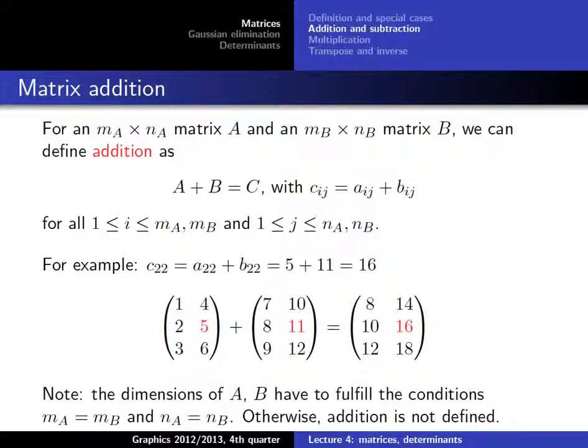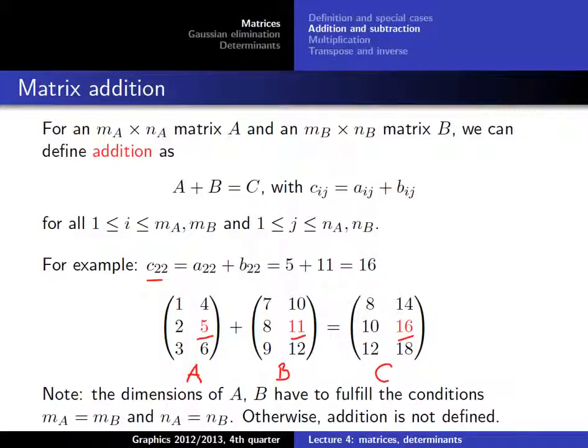Here we add the coefficients of the matrices. So, for example, for this value A22, we add the value B22, if this is matrix A and this is matrix B. And then, of course, 11 plus 5 is 16. So the new matrix C at the entry C22 has the value 16.